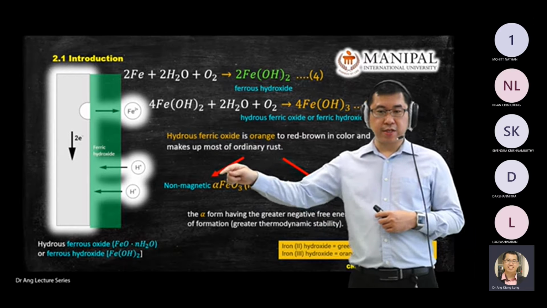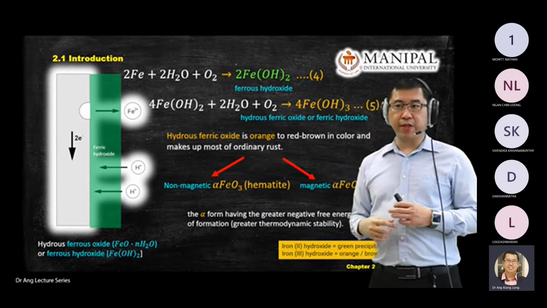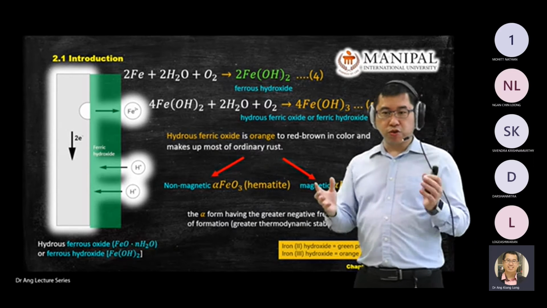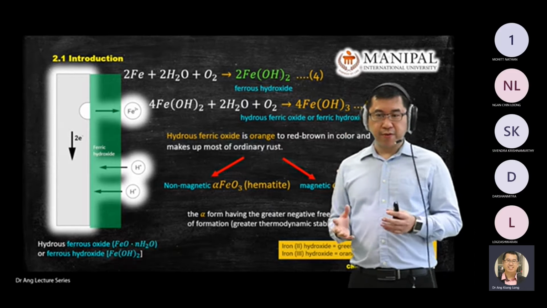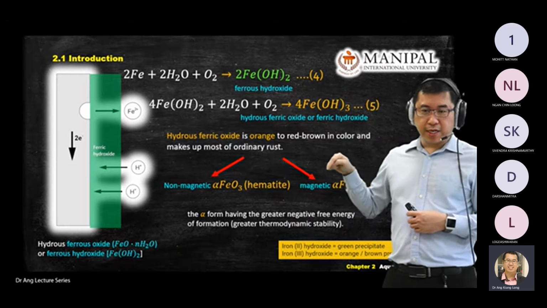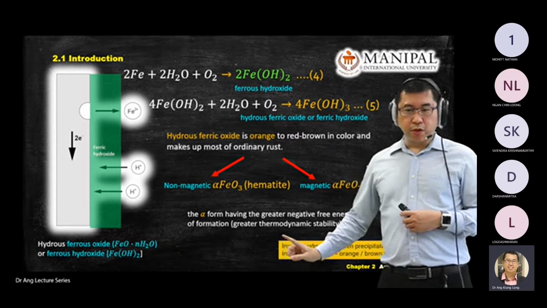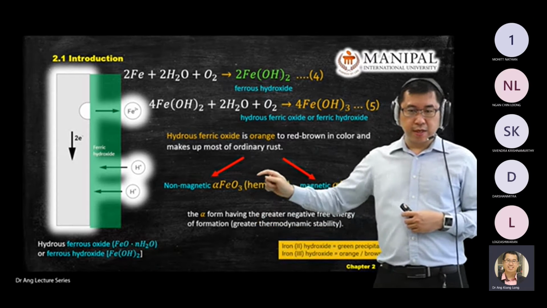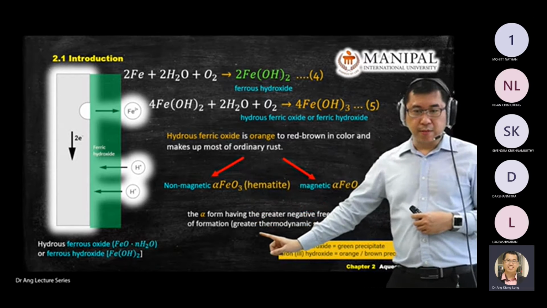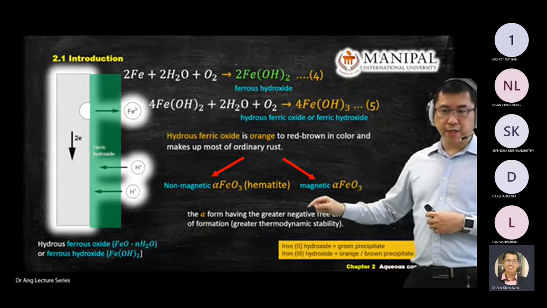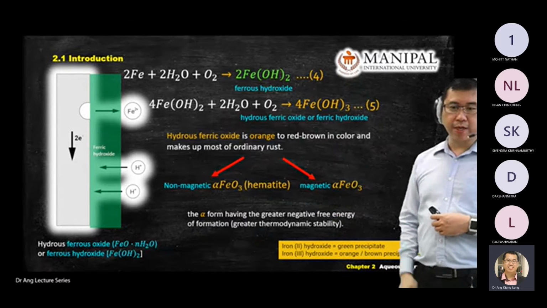When it doesn't have a reaction with the magnet, it means there's no electromagnetic wave compared to this one. So we will call this one more thermodynamically stable compared to this one.